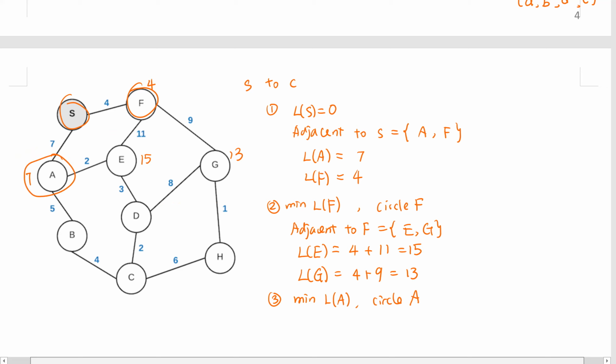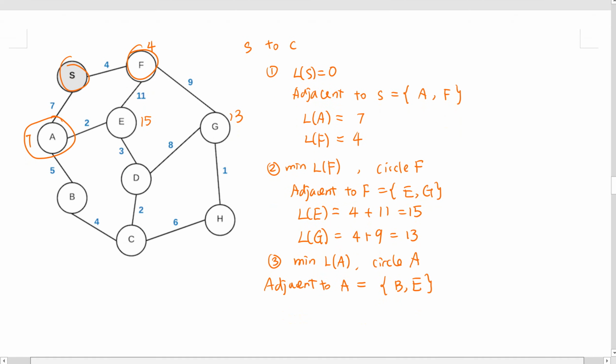Okay, circle A. What are the points that are adjacent to A? We have B and E. Okay, so don't forget to include the E, even though we already have a label for E, but it's not permanent. So L(B), L(E).